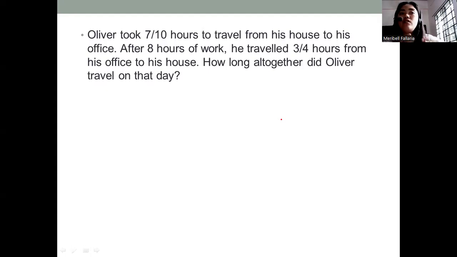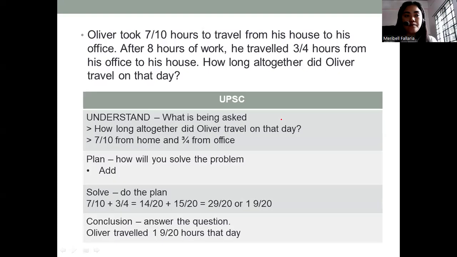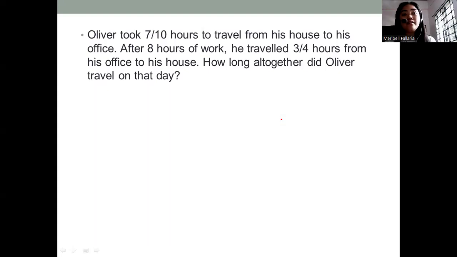The question is, how long altogether did Oliver travel on that day? And then we're going to list the important numbers in the word problem. We have 7 over 10 hours and then 4 hours. Done.